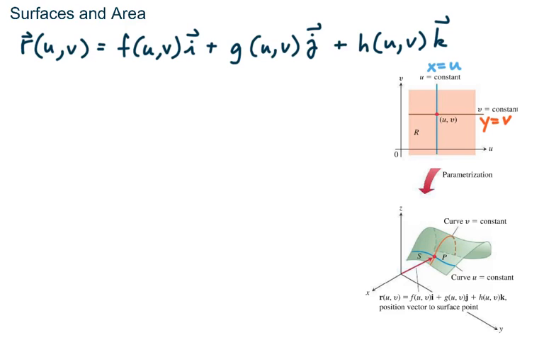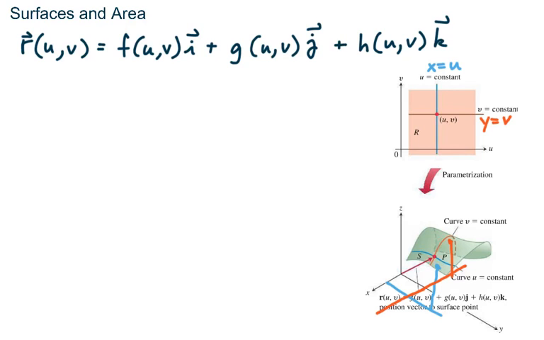Instead of x equals u being a constant line down here, it's mapping straight up and creating a curve on that surface. The same with y equals v. It's mapping directly up here and creating that curve again on my surface S.